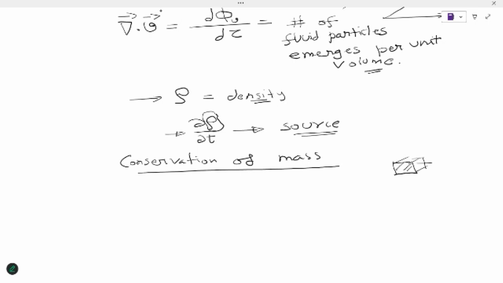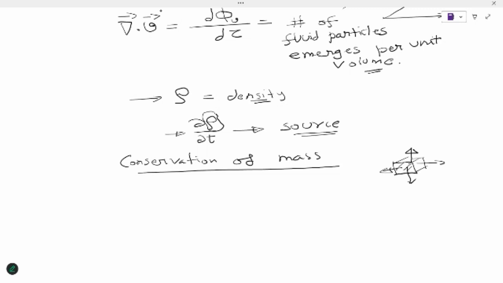That is, how many particles are leaving this volume must be equal to how many are being created.